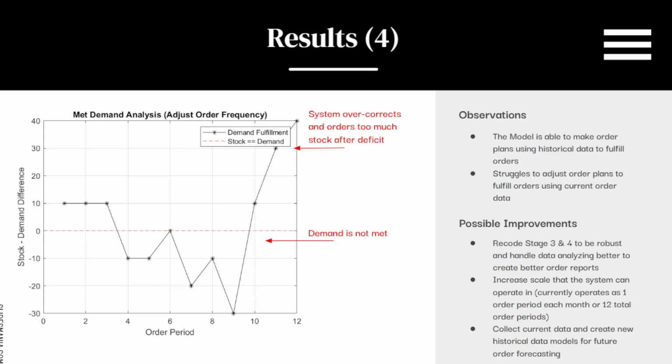But we really struggle to get a system that is able to dynamically adjust to incoming data and say, hey, this is how we should adapt to a situation, so we're able to produce a more efficient ordering plan. How we would want to improve this is we believe that Stage 3 and Stage 4 should have some reworking, specifically to how Method 1 and Method 2 are handled.